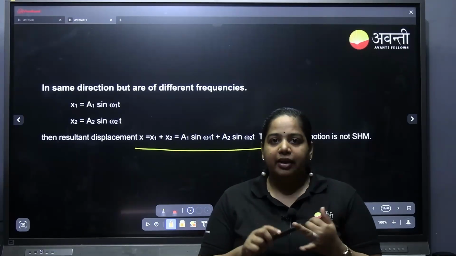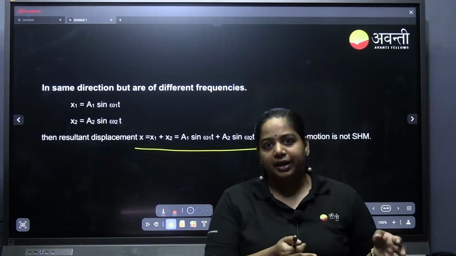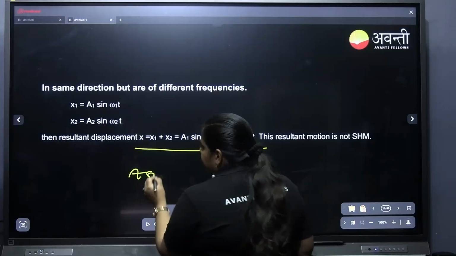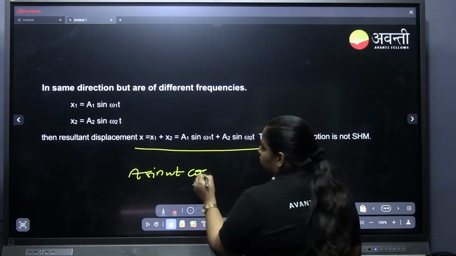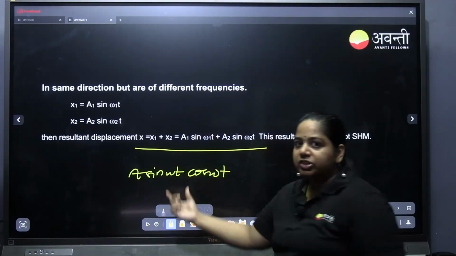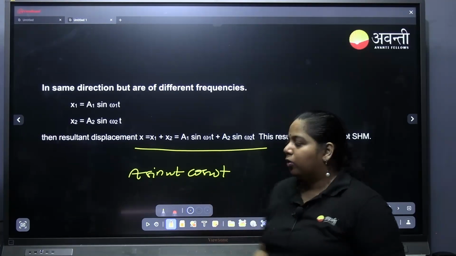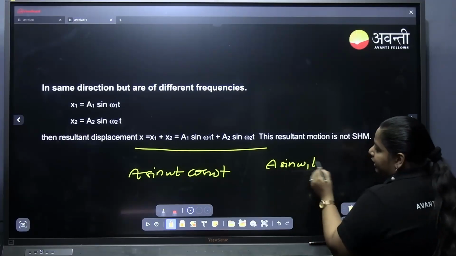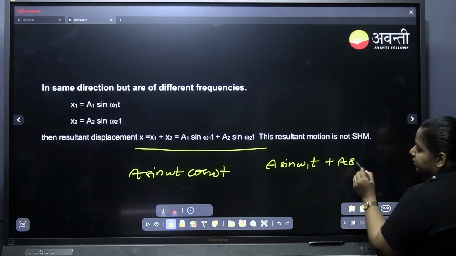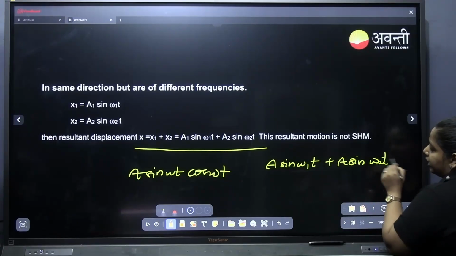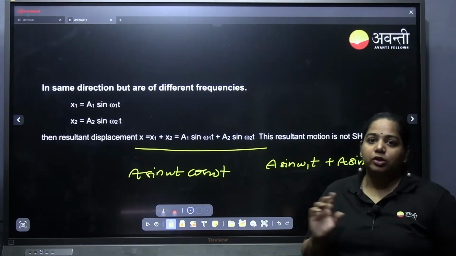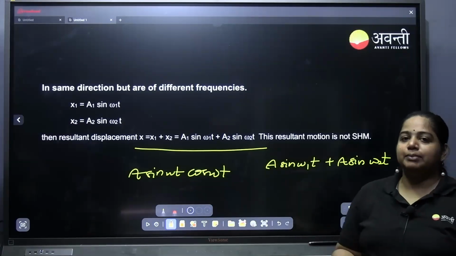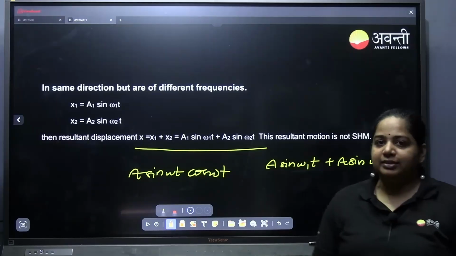So sine and cos, if it is just there or multiplied, like A sin omega t cos omega t, it will be SHM. But A sin omega1 t plus A sin omega2 t, different omega means it will not be SHM. Same omega it will be SHM, different omega it will not be SHM.